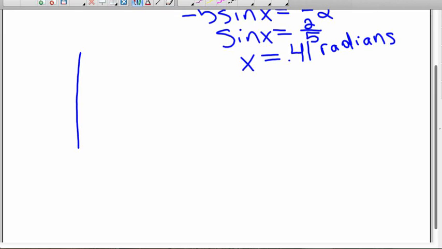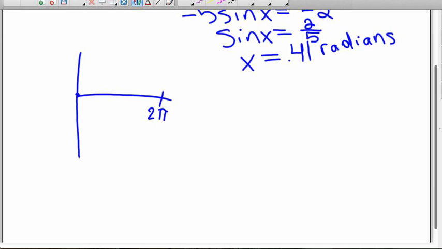So, to do that, you have your 0, 2 pi, and I don't have a clue what 0.41 is. You divide the pi out of that, you get that number.